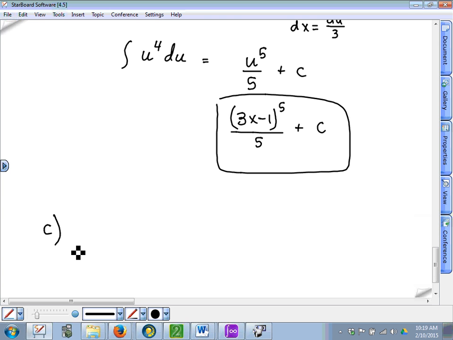Let's try part C. Integral 3x squared times the square root of x to the 3rd minus 2 dx.